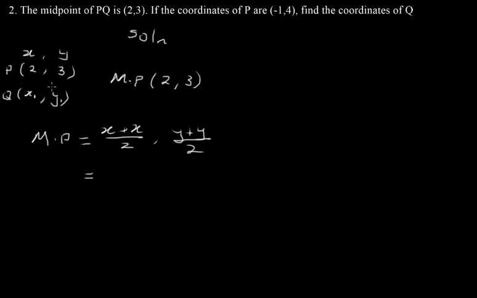For the x values, we've got 2 and x, so we've got 2 plus x over 2, comma. For the y values, we have 3 and y, so 3 plus y over 2. But we are also given the midpoint values, which are 2, 3.